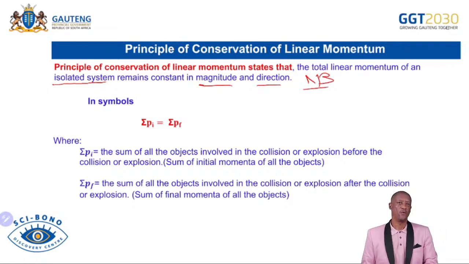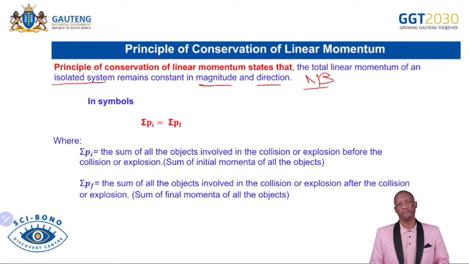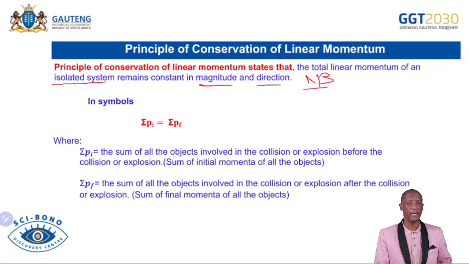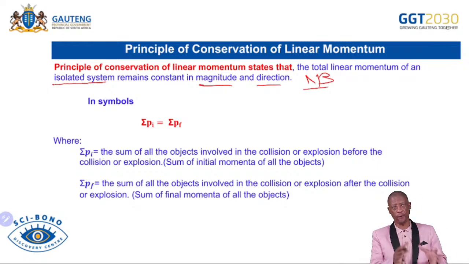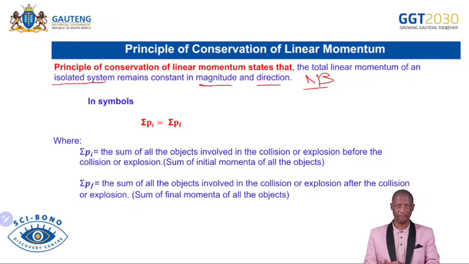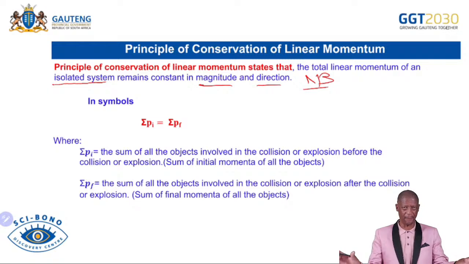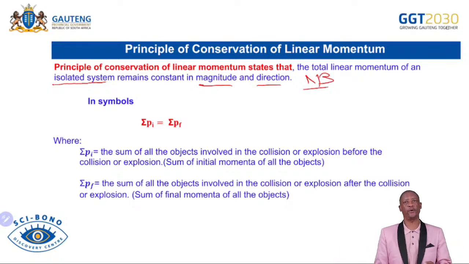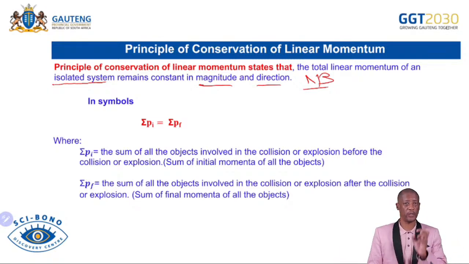Others use it to say the momentum before is equal to momentum after, which is not correct, we need to put the sum. The sum of momentum before is equal to the sum of momentum after, because we are dealing with the sum.